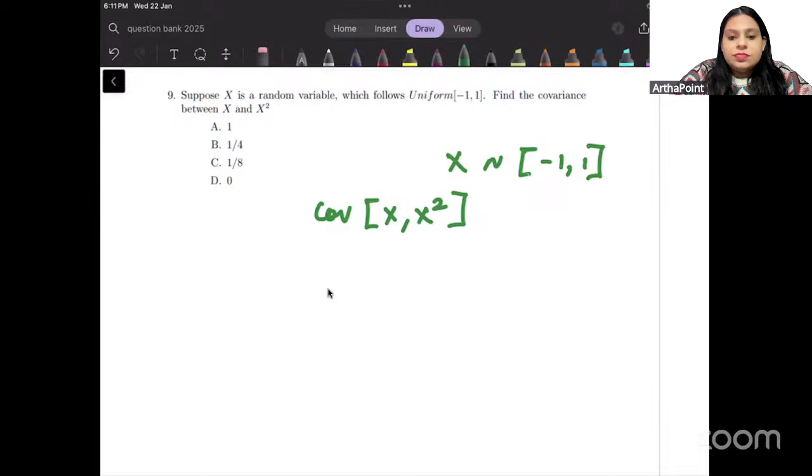Okay. So there are two ways to think about this question. The first way to think about this question is to use the formula.